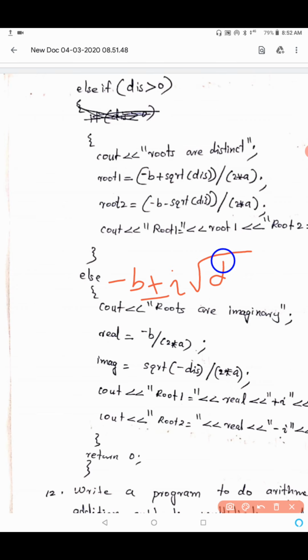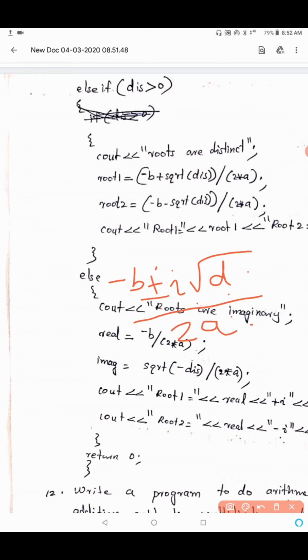Instead of that I am writing d. So the first root is minus b plus i into root of discriminant divided by 2a, and the second root is minus b minus i into root of discriminant divided by 2a. These are the two roots.